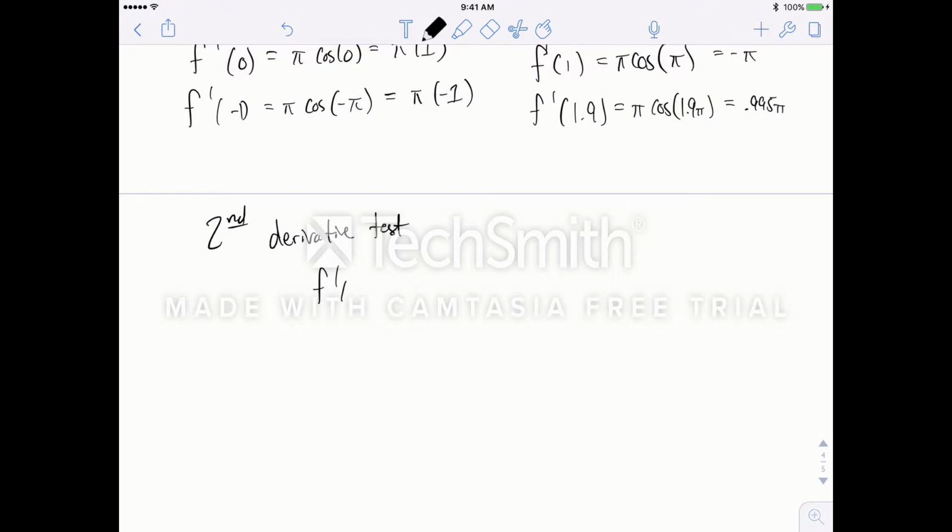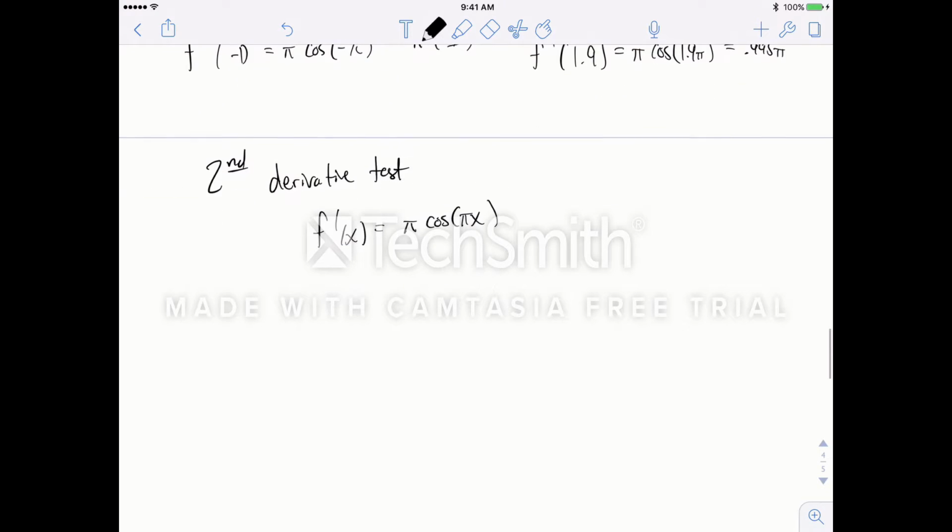So if f prime of x was pi cosine of pi x, then the second derivative, f double prime of x, should be negative pi squared sine of pi x.